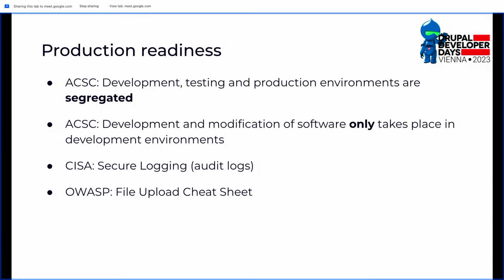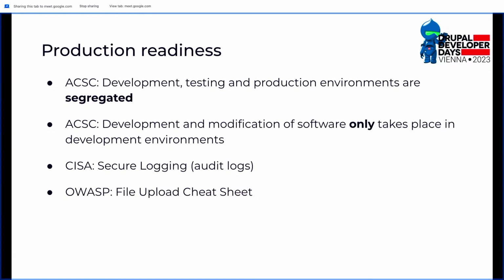There are some providers, some hostings that don't segregate that. So you have everything on one server. That's not very secure. And also that you cannot do modifications in production. So development and modification of software only takes place in the development environment. So whoever says, do it in prod now, no.